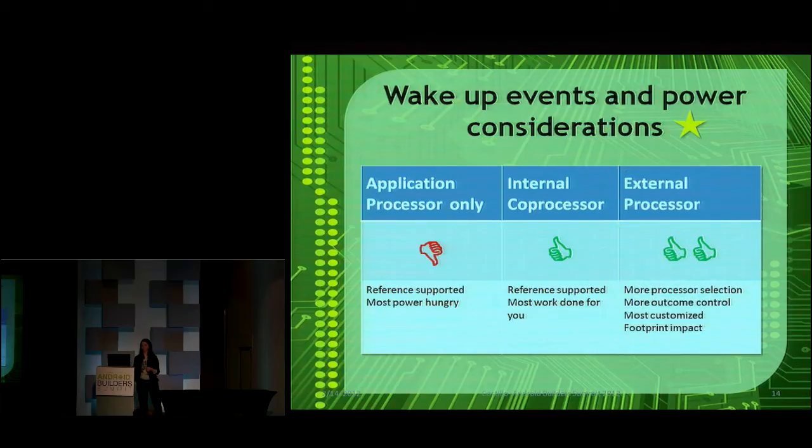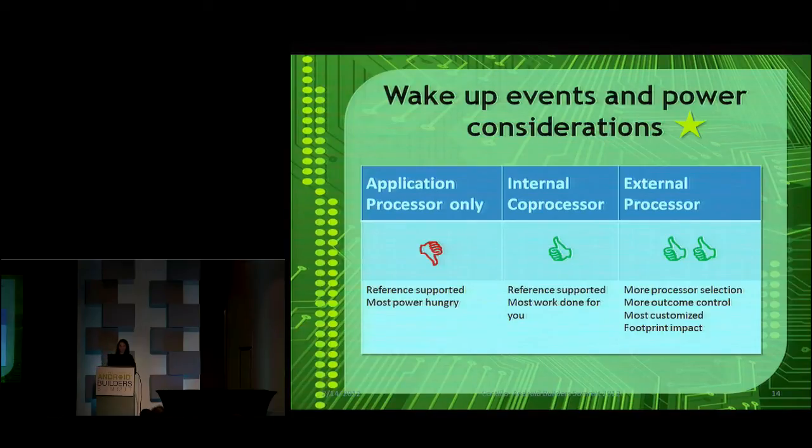You can use an external processor that's going to impact your footprint, but you can have whatever processor or microcontroller you want. So you can go down to a 16 or an 8-bit processor, or controller rather. You can control the outcome. You can customize it however you want. You just have to understand your footprint design, your mechanical design is going to take a hit, and you're going to be asking for a lot of extra work, particularly at the software level.